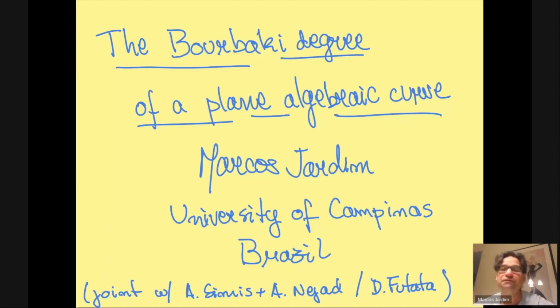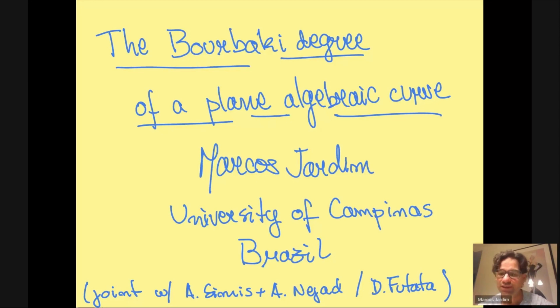The other name that I have down there, Daniel Futata, was my PhD student. In his PhD thesis is the algebraic geometric version, the sheaf theoretical version, of what I'm going to present today. So today I'll present the more sheaf theoretical version, the one I'm more comfortable with. But everything that I'm going to say here has parallel results in purely commutative algebraic terms.